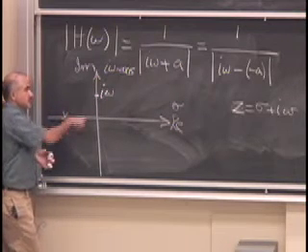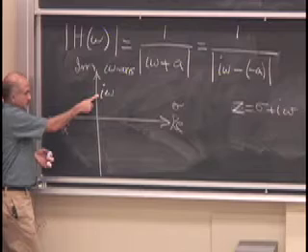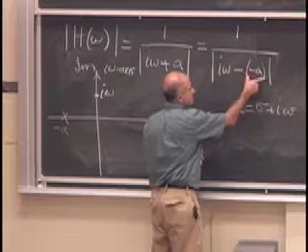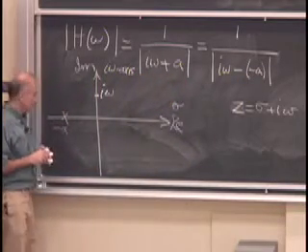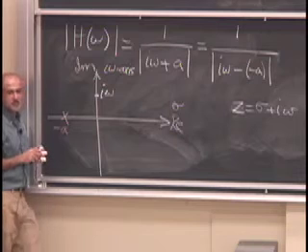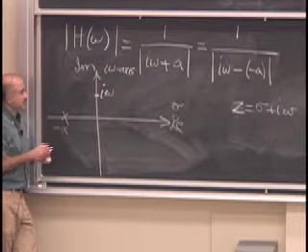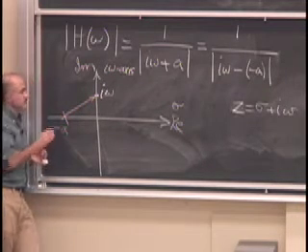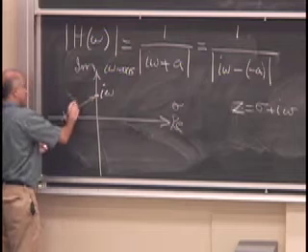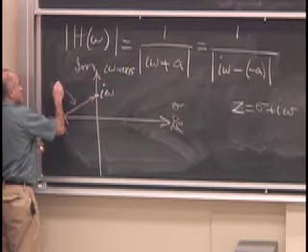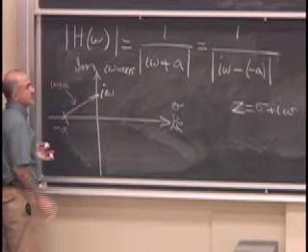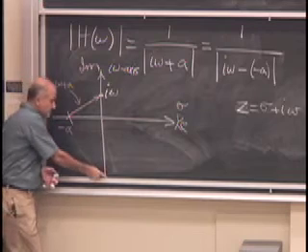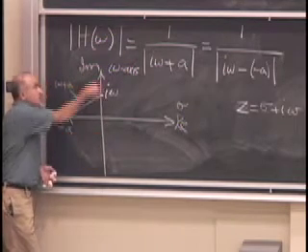So minus A is here. i omega is here. And i omega minus A will be a vector. Where's the head of that vector and where's the tail of that vector? Head is i omega, and tail is right here. So this is the vector i omega minus A, which is i omega plus A. Okay? Now I'm traversing the i omega axis from all the way down here to all the way up there.